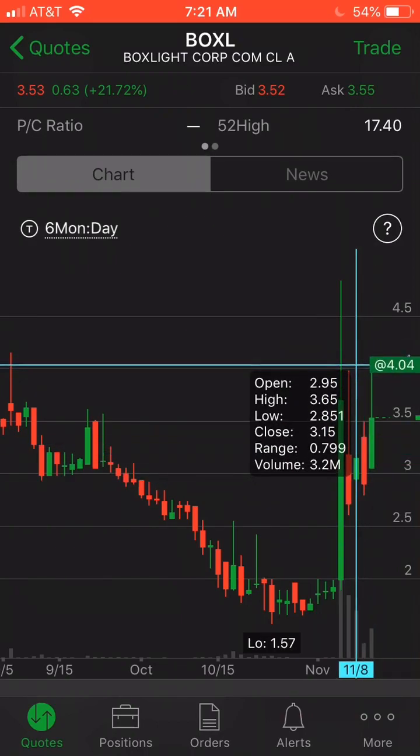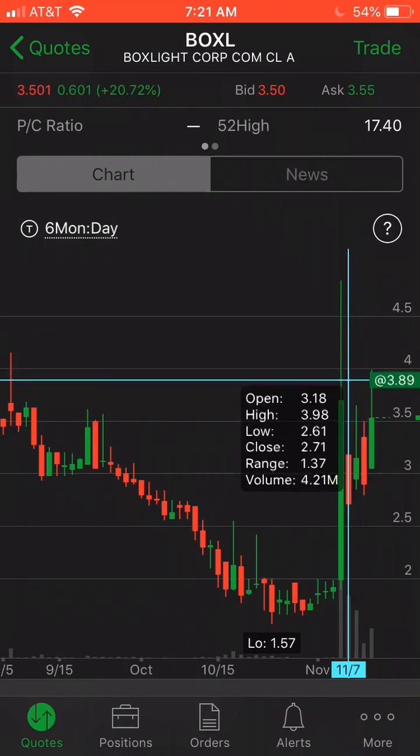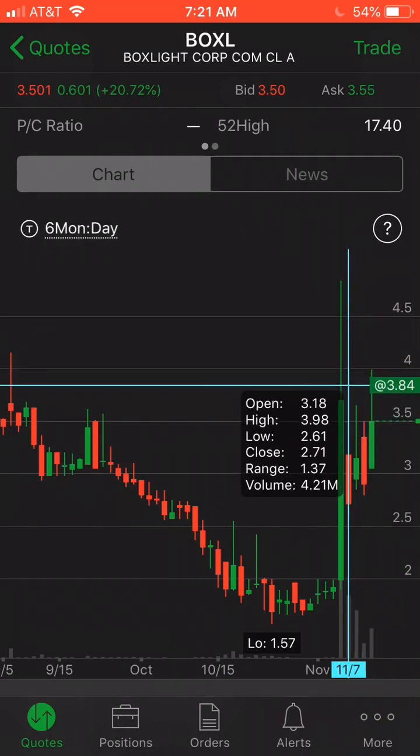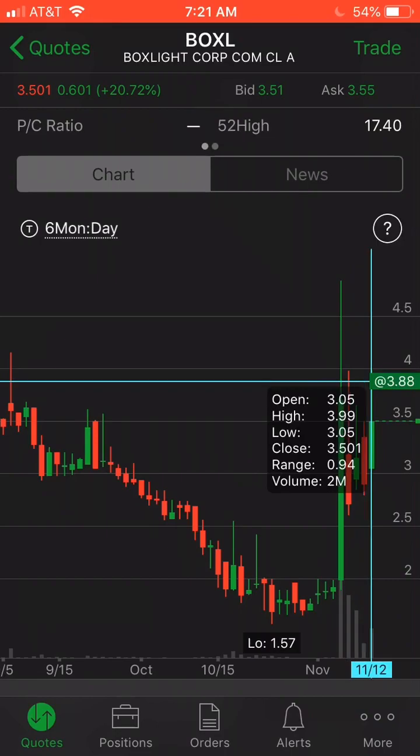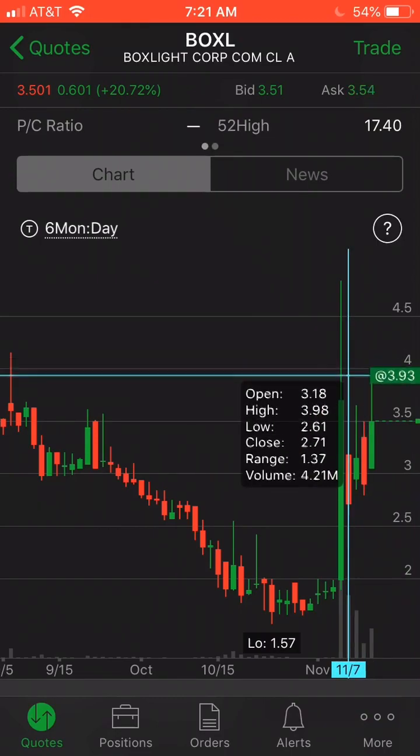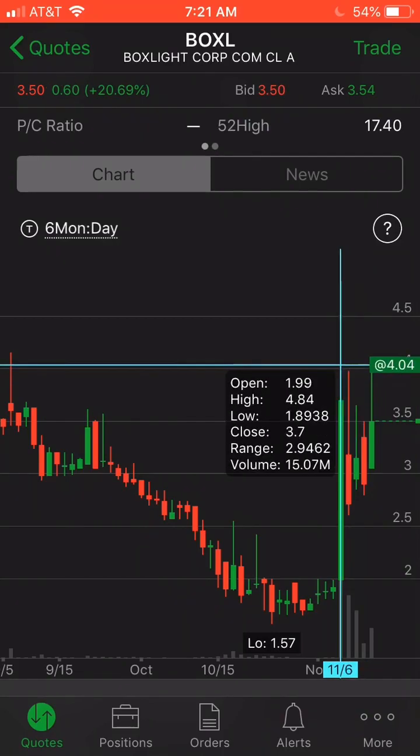The volume on this day was 4 million, and the volume today is already 2 million, so it could possibly go over $4. So I'll look to see if it could go over $4.